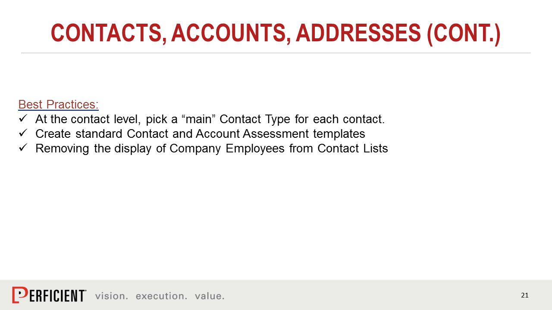For contact records, we encourage a standard practice of indicating the main contact type at the contact level, and identifying study and site-specific roles for the contact at the site level. So for example, when you're entering in Dr. Jones, Dr. Jones can be a PI for site A and a consultant for site B, or a key contributor to a study, and that could be his role.